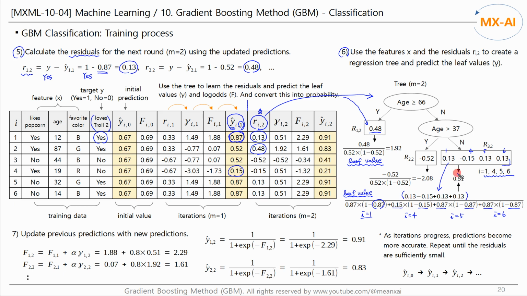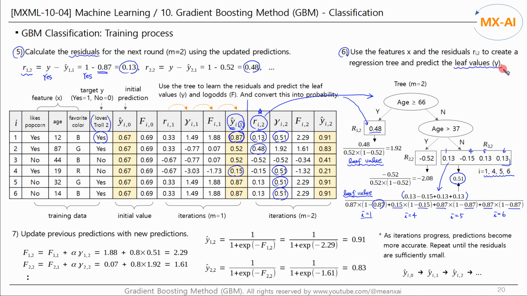Then, the leaf value will be 0.51. Therefore, the leaf values, gamma, of the data points belonging to the third leaf node are all 0.51. In this way we calculate the gamma for every data point.